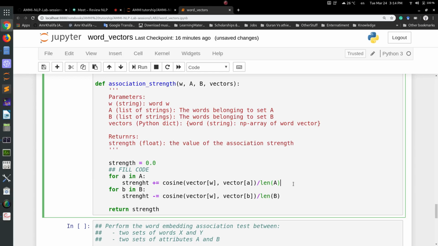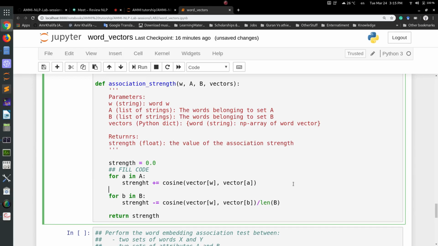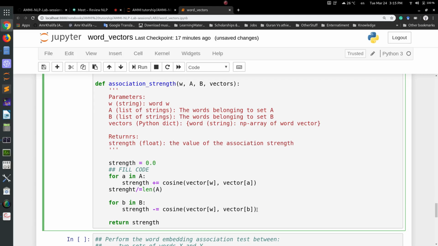Here I'm going to compute the lengths every single time, which is expensive, so we can do strength... actually I cannot do it now, because if I divide by the length of B here, did you see what I've done here?